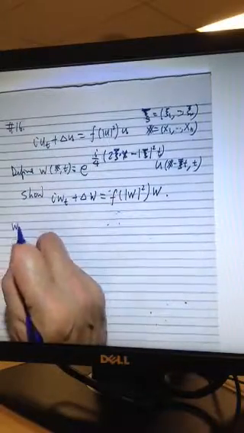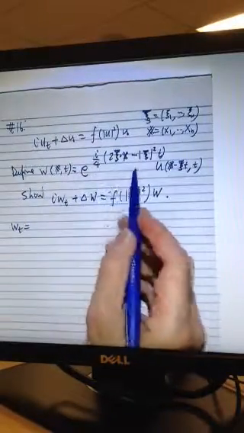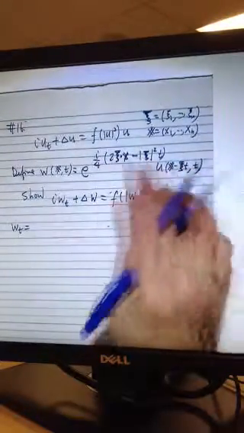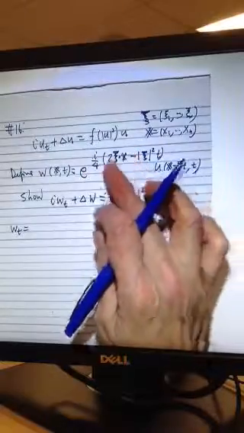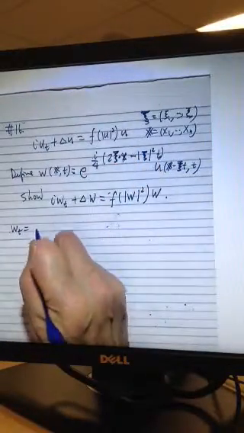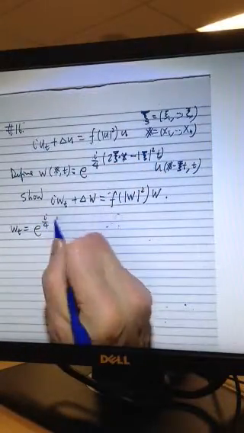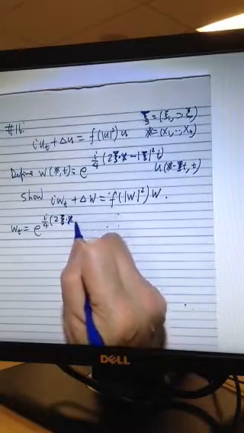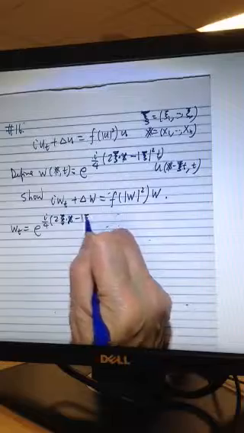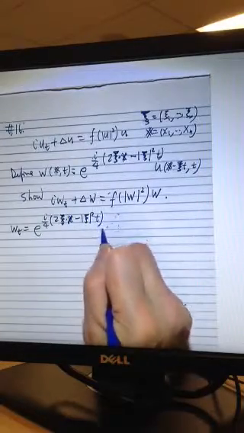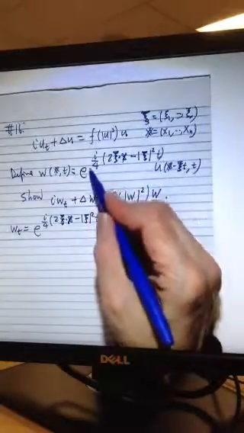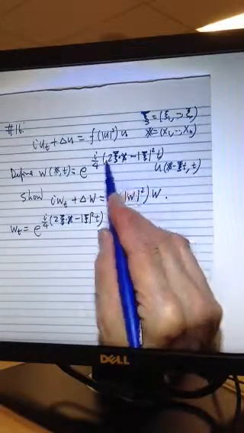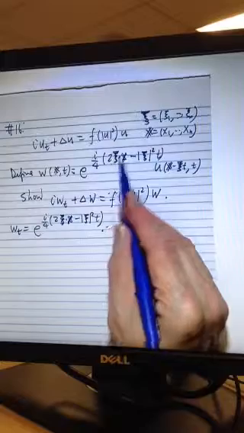So w_t. So differentiating with respect to t, it's a product of 2 functions, so you use the product rule. So e^{i/4 (2c·x - |c|^2 t)}: the derivative of this is this guy, and then you differentiate this. Now this doesn't have a t, so out.